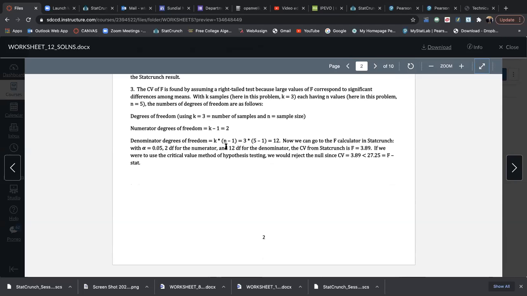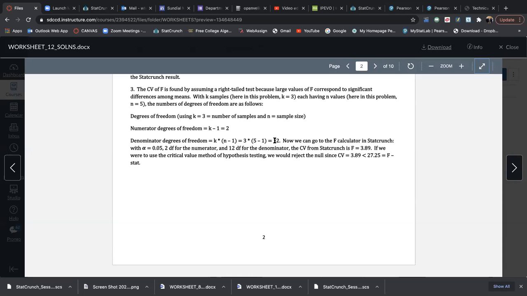In our problem, we had 5 values taken at the 5 stages for each of the mile legs. And so our degrees of freedom for the denominator is k times n minus 1. So for this problem, with a sample size of 5 for each of the mile legs, we just get 3 times 5 minus 1, which is 12.